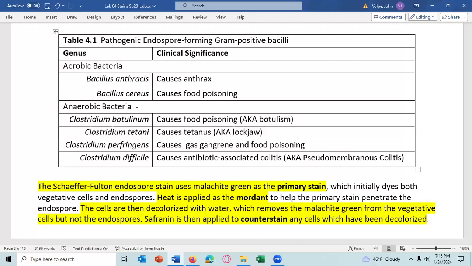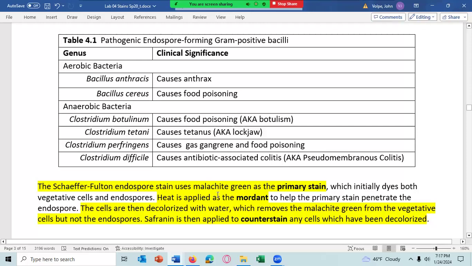And then you apply to the slide the counterstain. The malachite green on a cell lacking endospores will be decolorized by the water, and they will be essentially clear. Then you apply safranin to make the endospore negative cells stain pink instead of green.